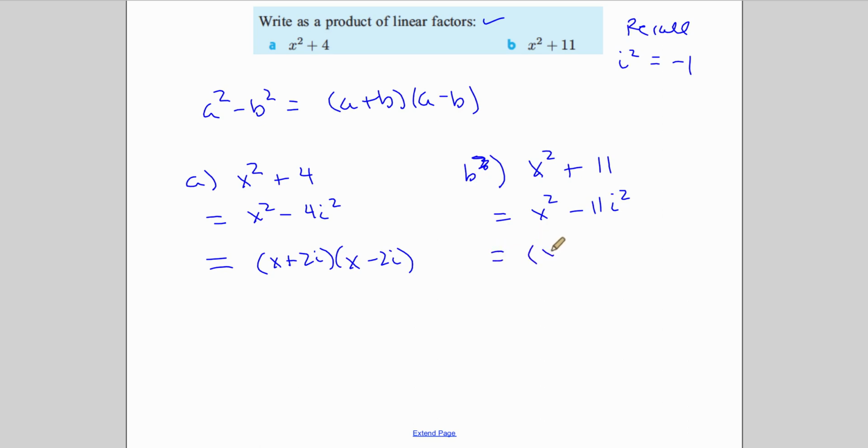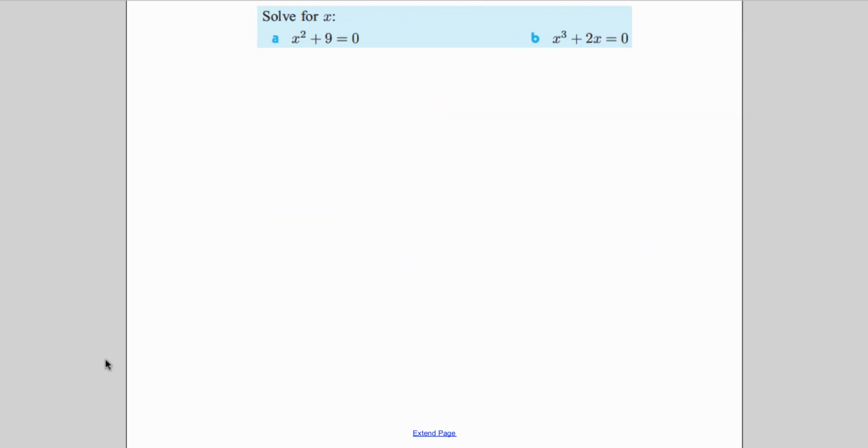And we can just rewrite that as x plus root 11i times x minus root 11i. Bam! So we have some powerful tools at our disposal. It just seems like some mundane algebra right now, but it becomes very useful as we progress.